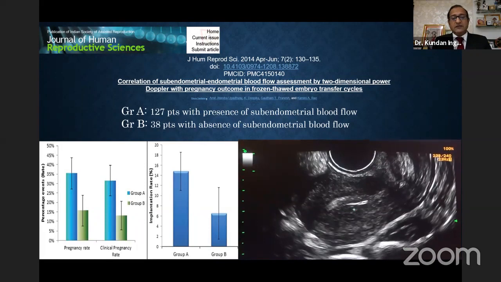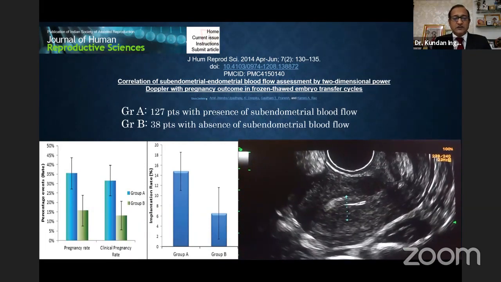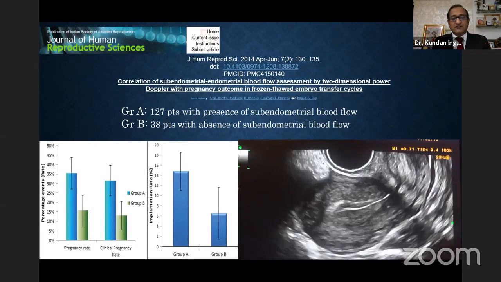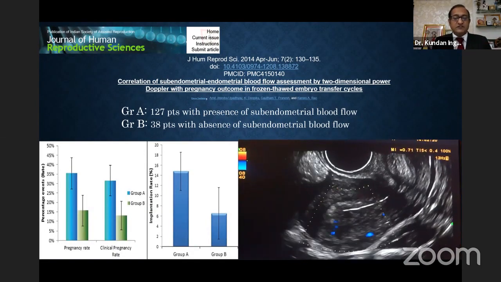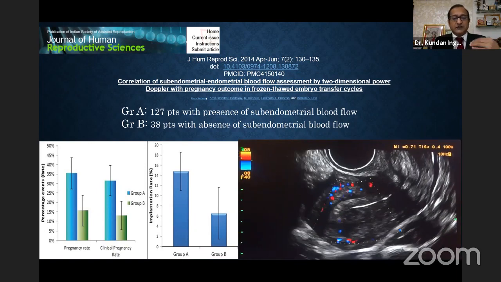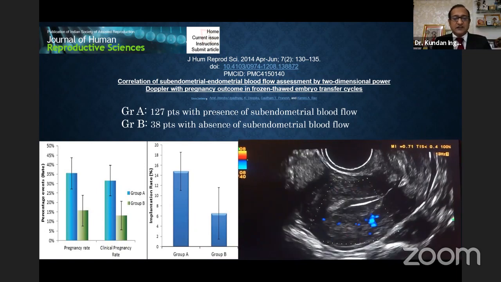At the same time, endometrial blood flow is also very important. Identifying subendometrial blood flow is an important strategy when it comes to a good live birth after therapy.